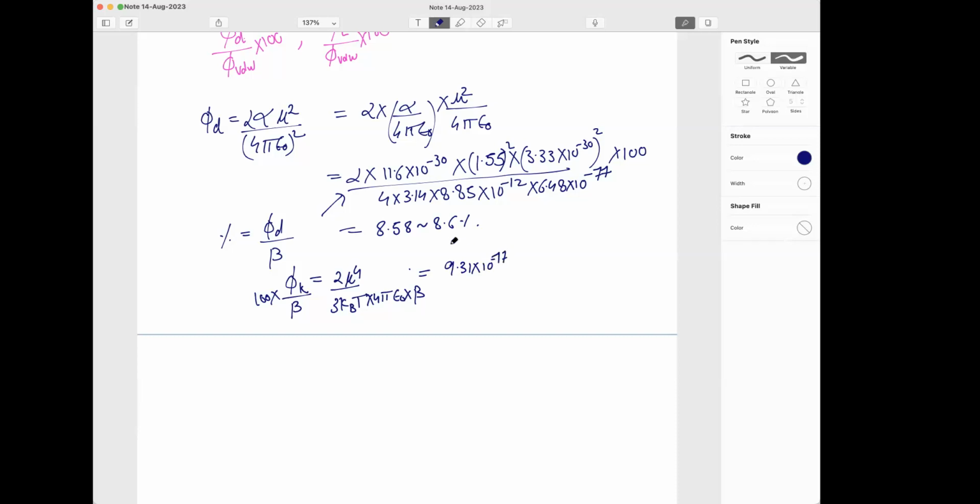Okay. Then it should be divided by beta multiplied by 100. It will be 9.93. Can you calculate it completely? Yeah.